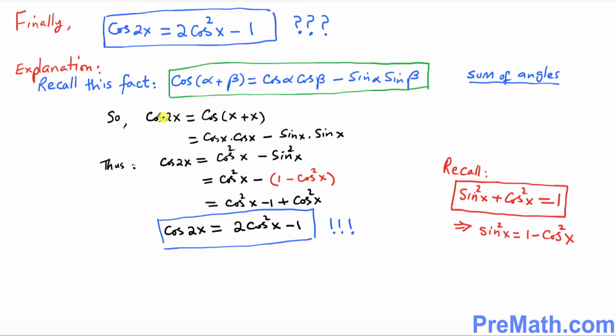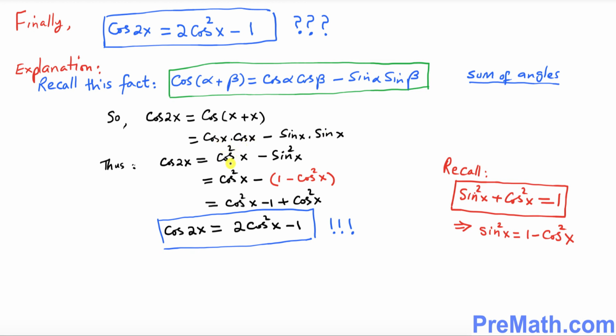Now since we have cosine of 2x, we could write it as cosine of x plus x. By using this sum of angle formula, we came up with cosine of x times cosine of x minus sine of x times sine of x.